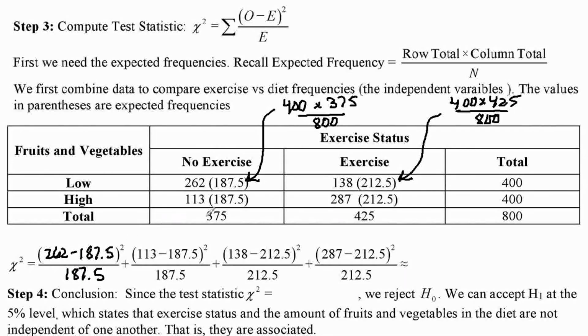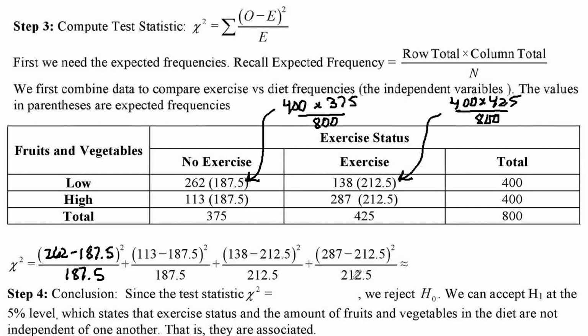We do that for the other cell. So for this cell, it's 113 minus 187.5. Square it, divide by the 187.5. Up here, we're doing the difference between 138 and 212.5, squared, divided by the 212.5. And then lastly, 287 minus 212.5, squared, divided by the 212.5.